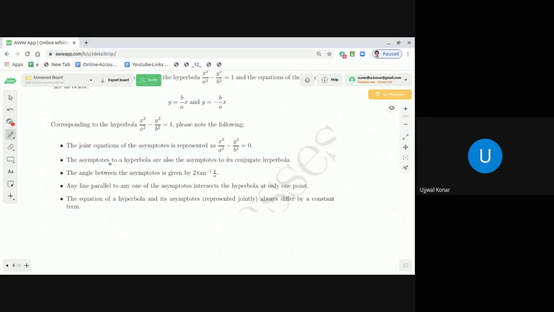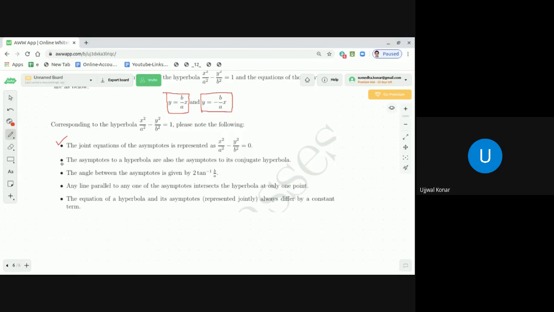The joint equation of the asymptotes, that is, y equal to b by a into x and y equal to minus b by a into x, you can write as x square by a square minus y square by b square equal to 0.